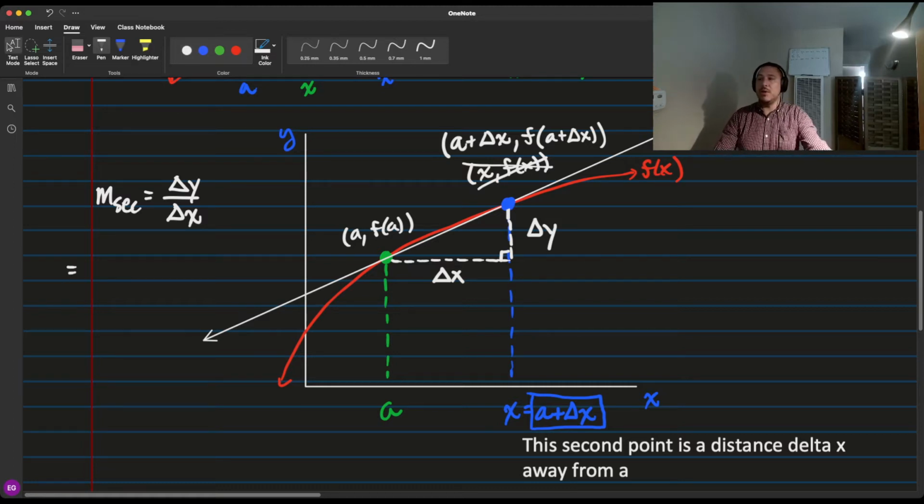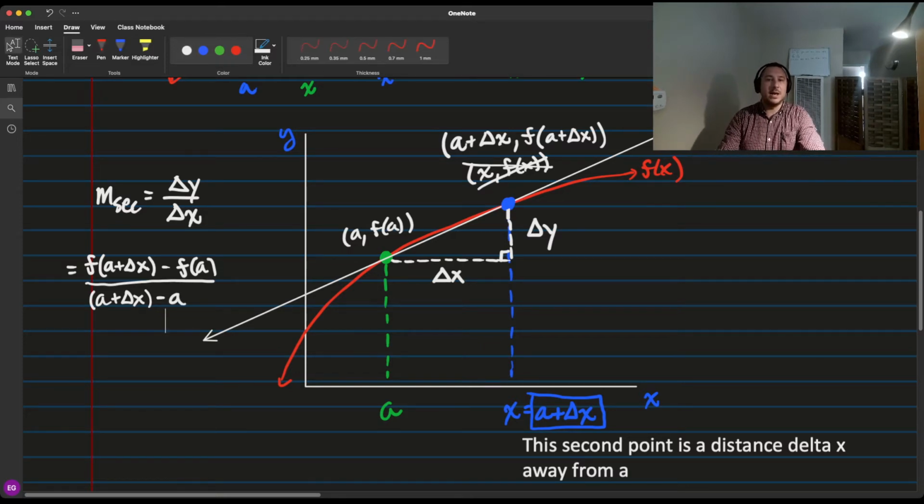The change in y values is going to be written as f of a plus delta x, that's the first y value, minus the other y value, which is f of a. And then we're going to divide that by the difference of the x values. The first x value is a plus delta x. The second x value is just a.